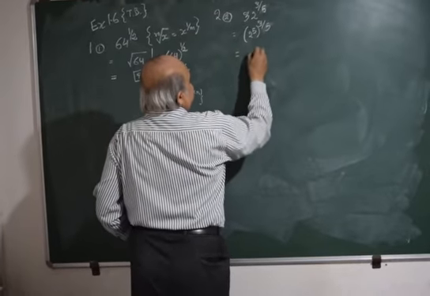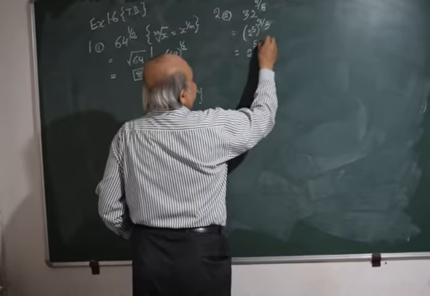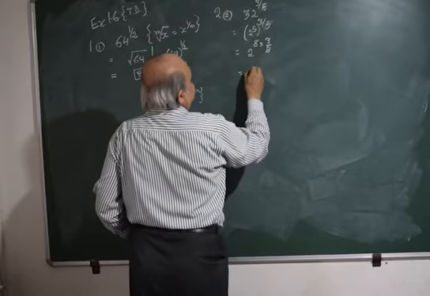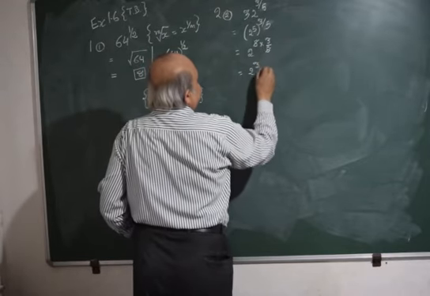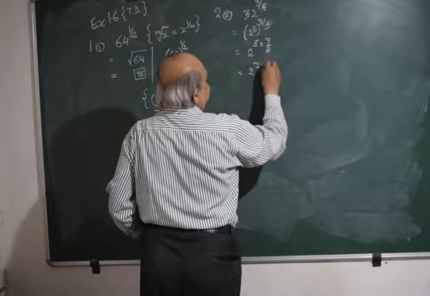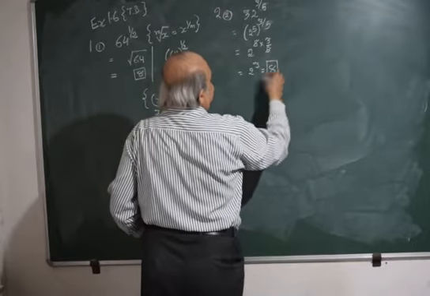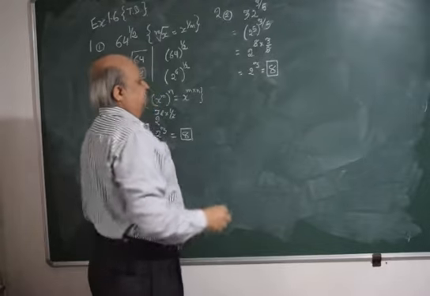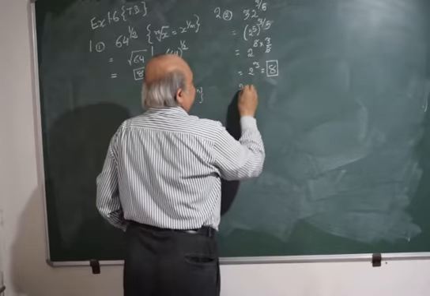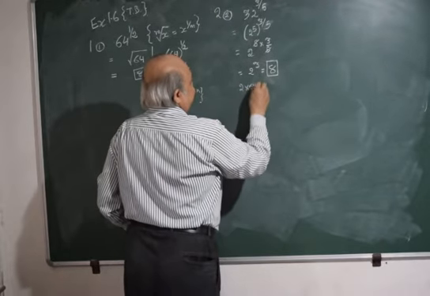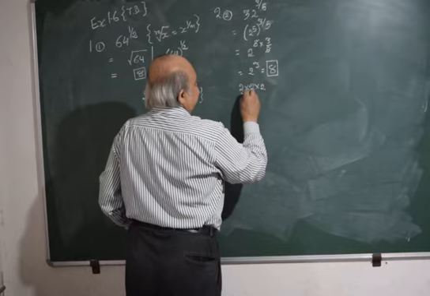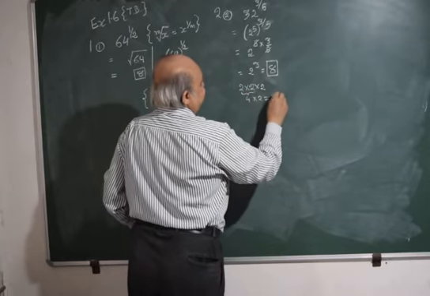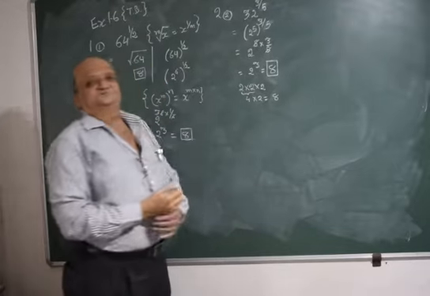So what we get is 2 raised to 5 into 3 upon 5. The 5's cancel out, we get 2 raised to 3, which is again 8. For those who don't remember, how did we get it? 2 into 2 into 2, that is 3 times. This will be 4 into 2 and we get 8.